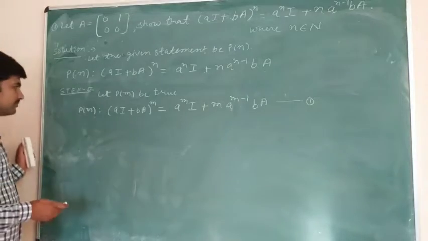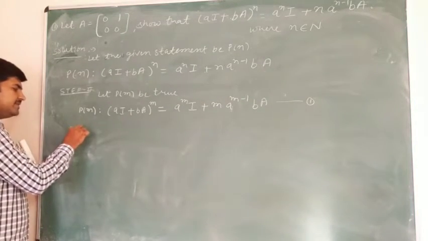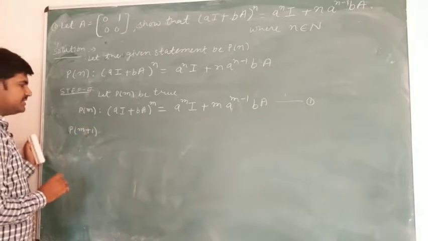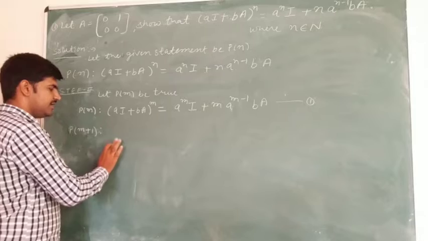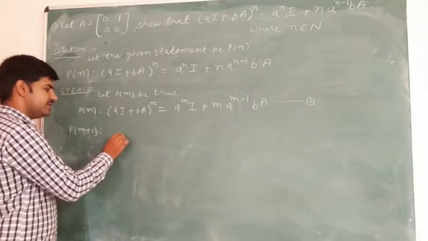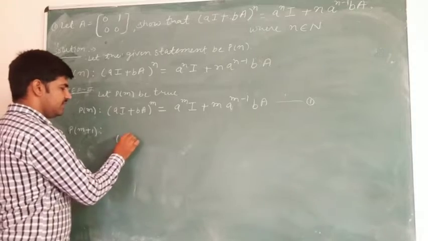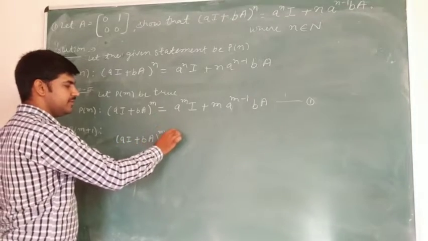Students, now I am finding Pm plus 1. What is Pm plus 1, students? I am finding the LHS of Pm plus 1. The LHS of Pm plus 1 is (aI + bA) raised to the power m plus 1.